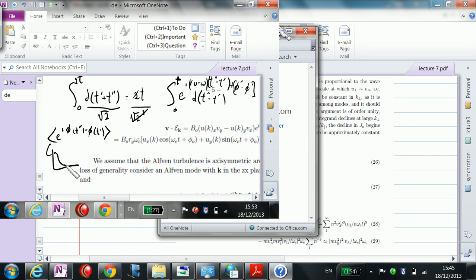In other words, it goes to 0. This is called the correlation time. And you assume the correlation time goes to 0.